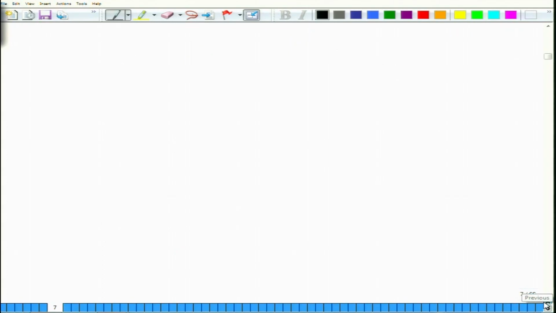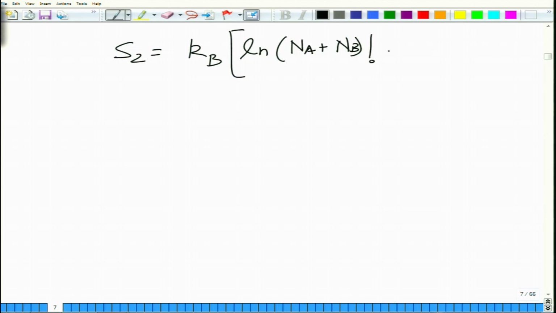So, now S2 is equal to Kb ln of (Na plus Nb) factorial minus ln of Na factorial minus ln of Nb factorial.